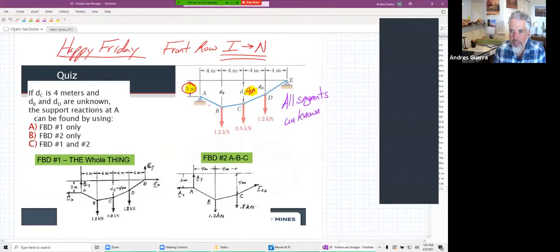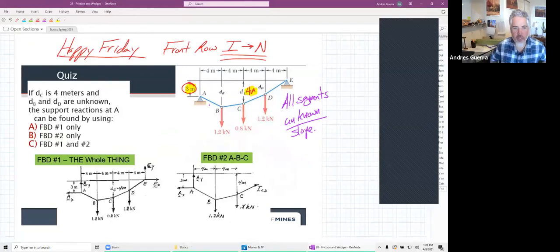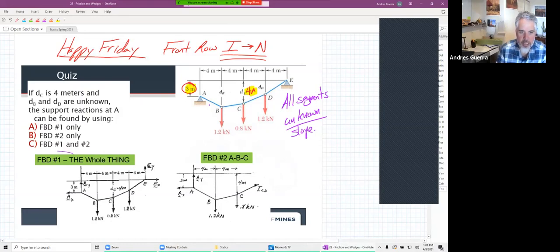The problem that we worked completely last time had one segment with a known slope, and we cut through that known slope, which meant we only had an FBD with 3 unknowns. Now, these two FBDs that we're showing in this quiz, FBD number 1, let's take a look at the number of unknowns. These FBDs are on Canvas.